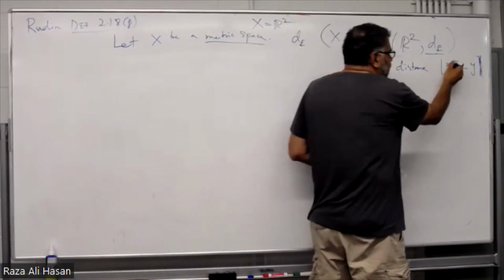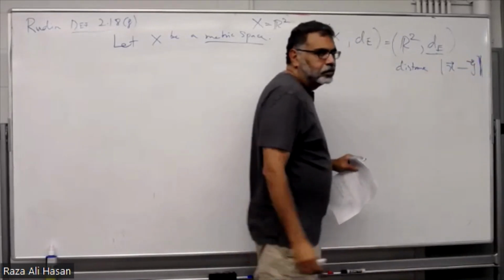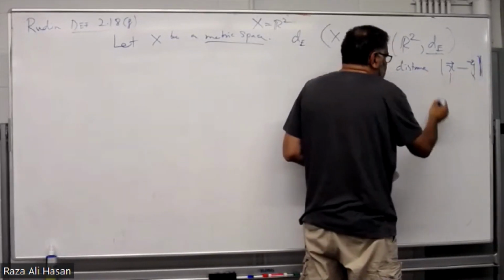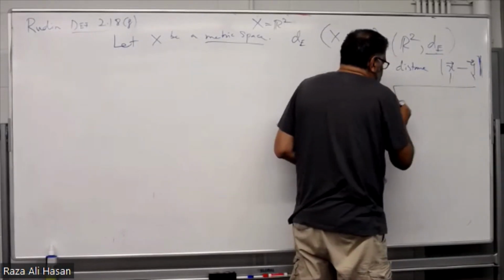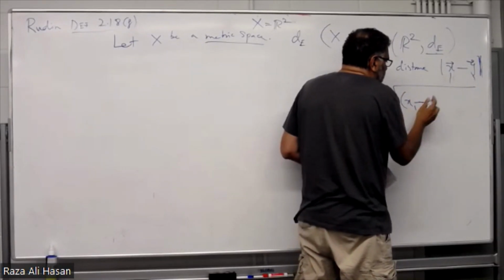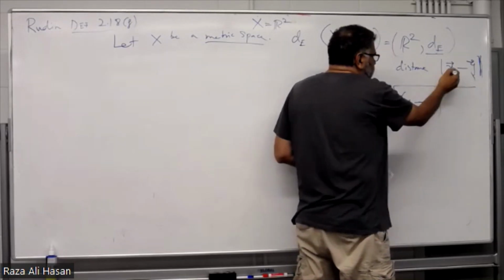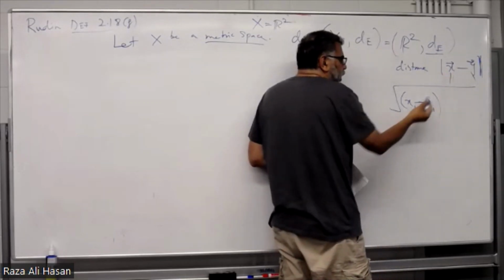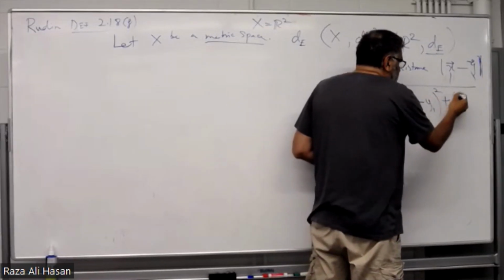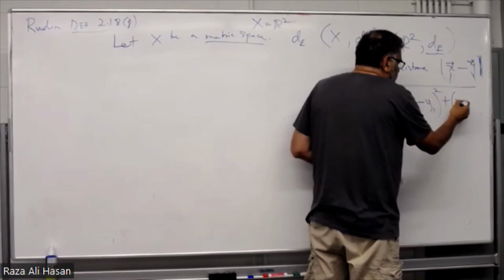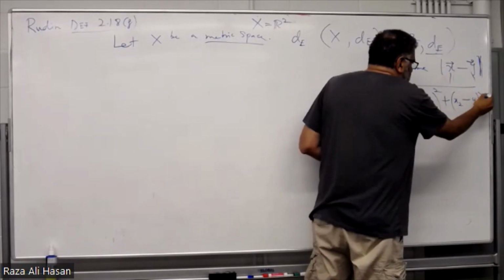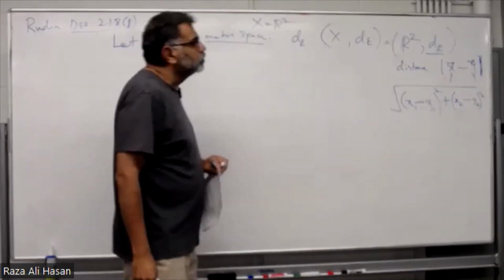But these two are, remember, a coordinate system? Yes. So this is a vector, and this is a vector. So when we subtract, we have to use this formula: x1 minus y1, the first coordinate of the x vector minus the first coordinate of the y vector, squared, plus the second coordinate of x minus the second coordinate of y, squared.